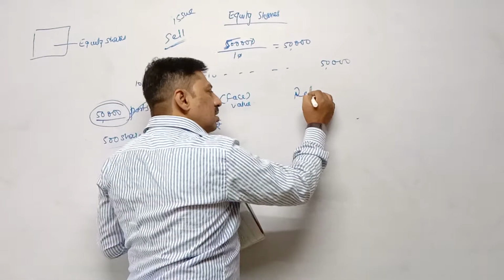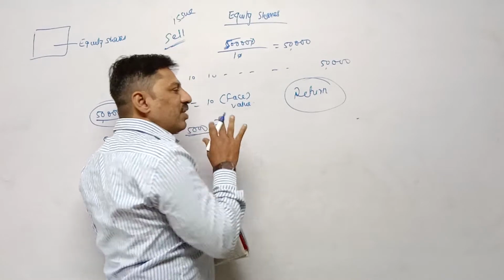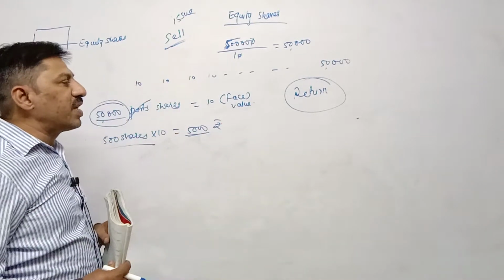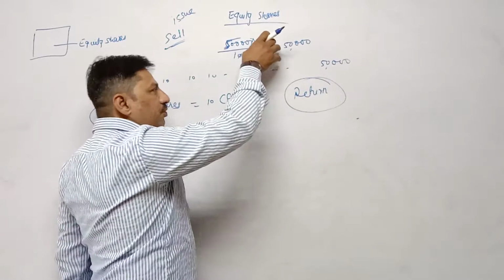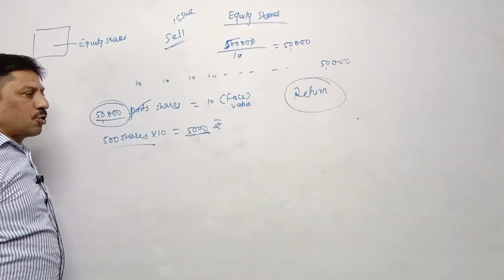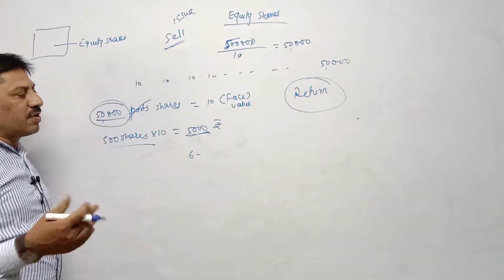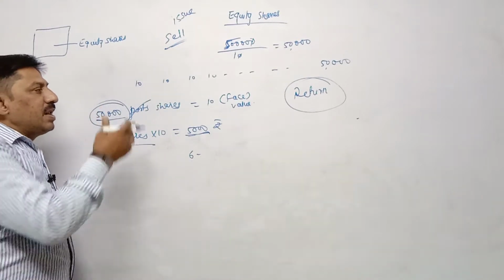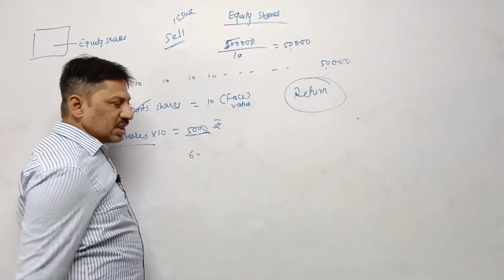In order to earn some income, we want some return on our investment. Now what type of return are we getting? After I give 5,000 rupees, some other individual will give 6,000 rupees or 10,000 rupees, another individual 15,000. In this way, the company is able to arrange 5 lakh rupees from different investors.